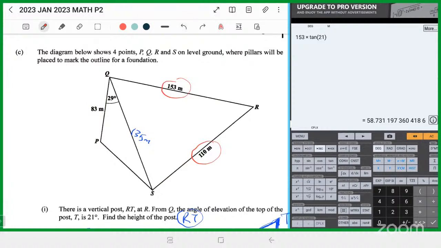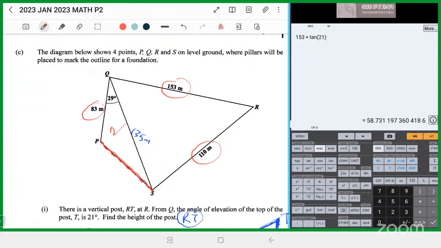The piece that we don't have is this piece. You need to find it in order to complete the perimeter. We have 3 parts already: 1, 2, 3. We need to find PS. To find PS, we work in this triangle and use the cosine rule.